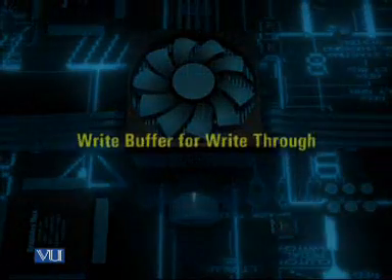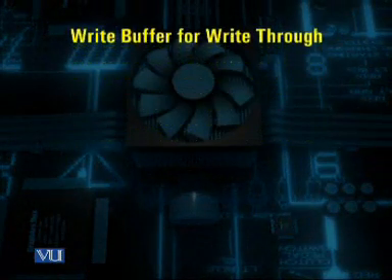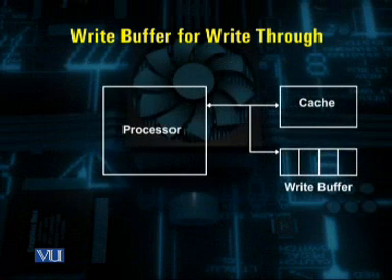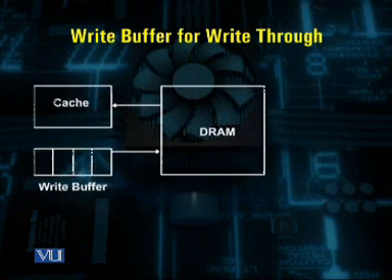Here let us see how we can overcome the problem of stalls and minimize the stall time by using a write buffer while using the write-through policy. During the write-through, the CPU must wait for the write to complete.